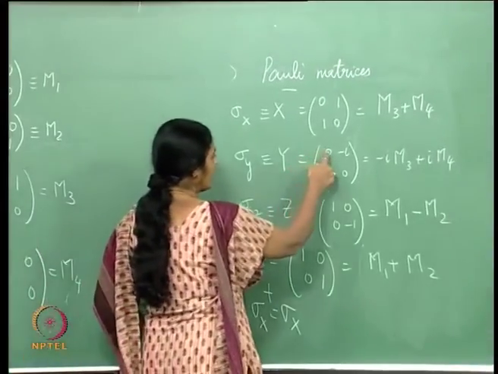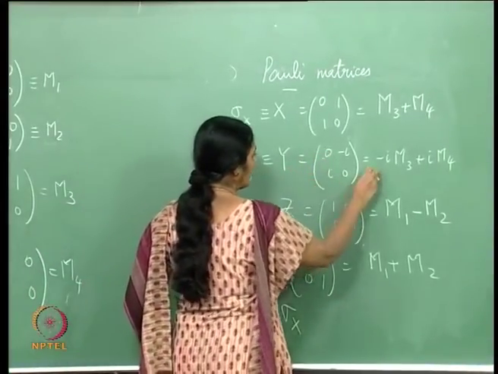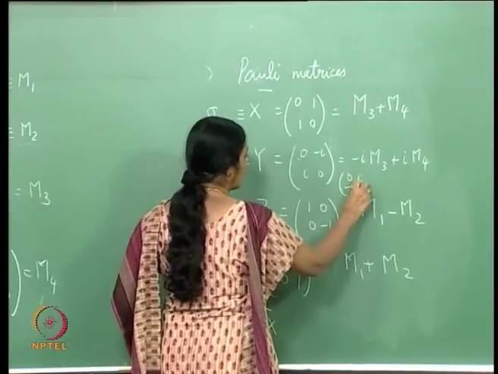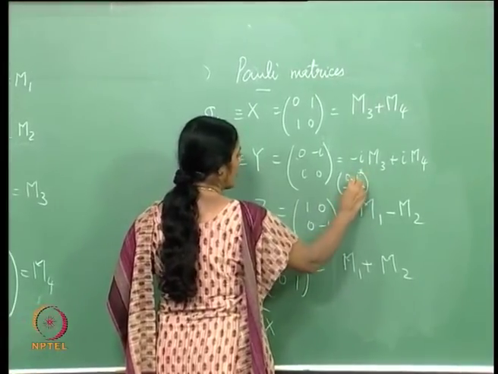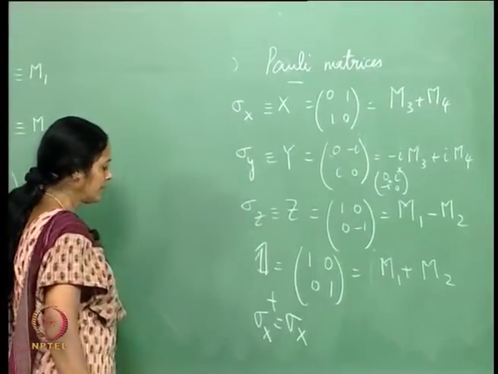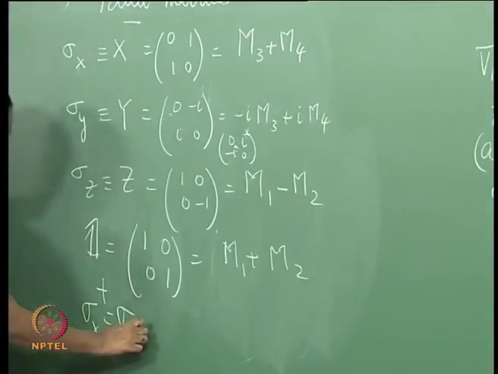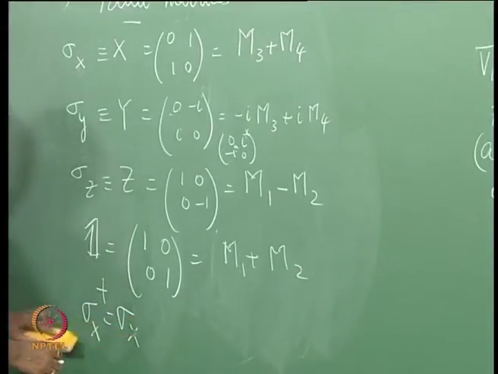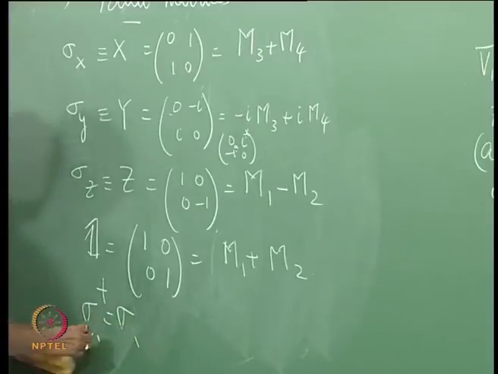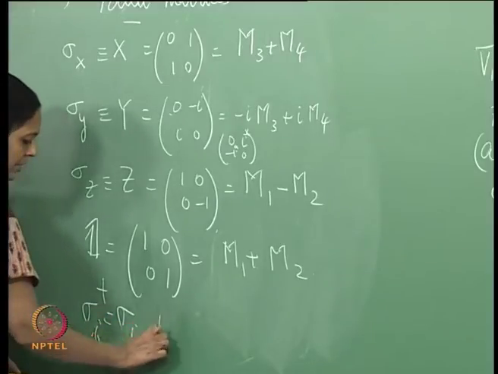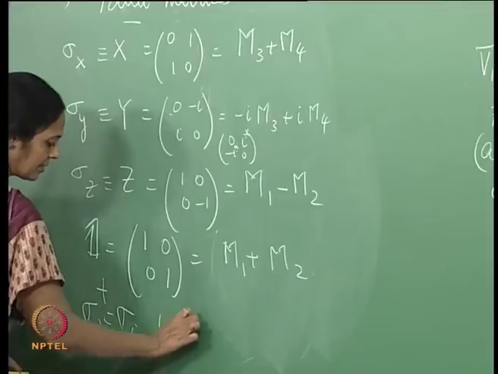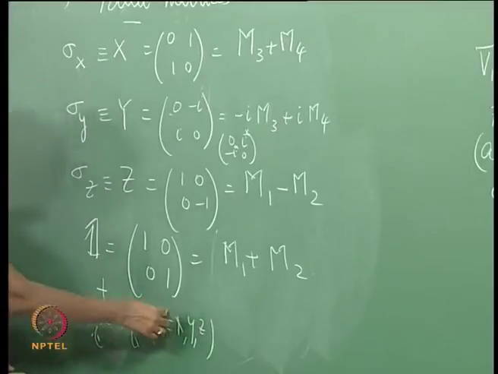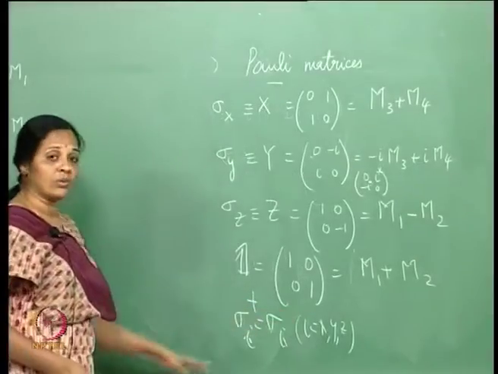So for instance, if you interchange the rows and columns here, it would become 0 i, minus i 0, but take the complex conjugate and that will give you the same thing. Similarly, sigma y dagger is sigma y and sigma z dagger is sigma z. So I will call that sigma i dagger is sigma i. I can take values x, y and z. i denotes x or y or z.